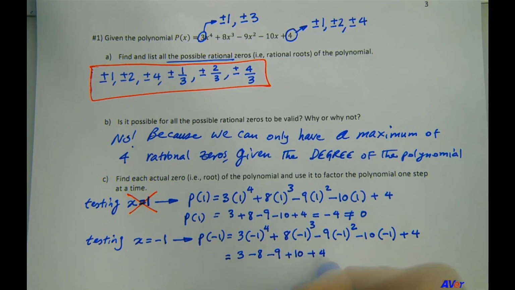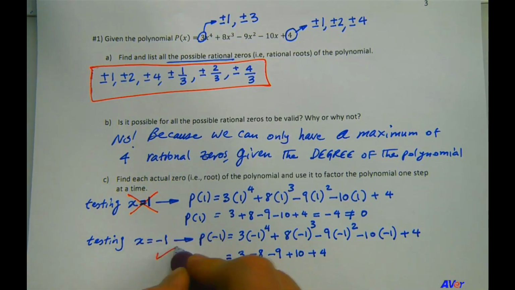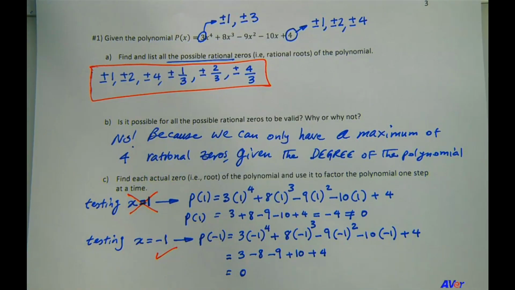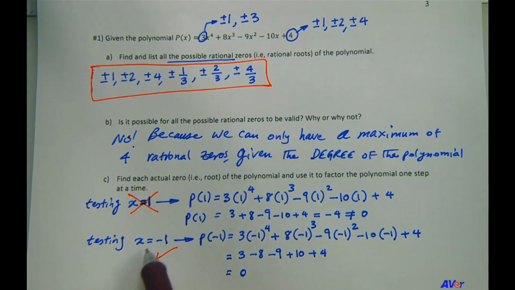Plus 4. Okay? So we have 14, right? And 17, that's positive 17, minus 17, we end up with 0. So correct. So this x equals negative 1 is a rational 0. So what would be the factor then?